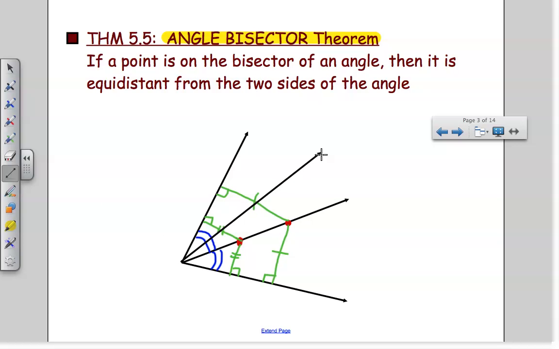I think you would agree this would not be the angle bisector of the big angle. Every point on here is going to be closer to this ray. And if I was over here, I bet you could agree this does not look like an angle bisector. Also, any point on this ray would be closer to this side of the angle rather than the one above and to the left. So being on the angle bisector means you're equidistant to the sides because the angle bisector is literally going through the middle of that angle.